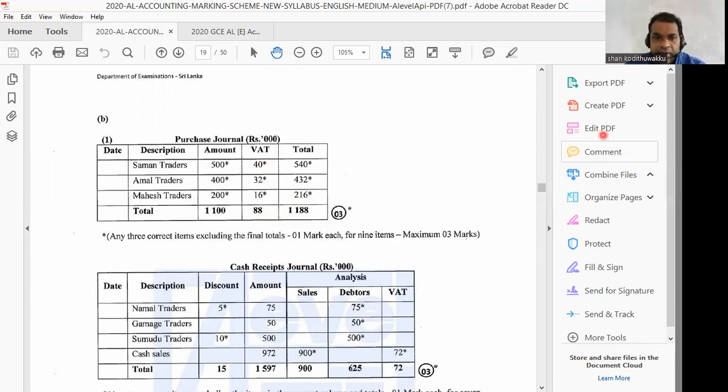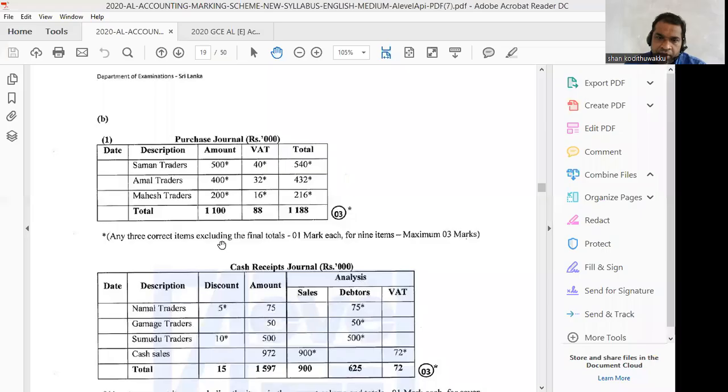As we are not preparing purchases account here, we ignore that, but VAT 88 we can debit to VAT control account. Here, VAT total 88, then we can debit VAT control account.